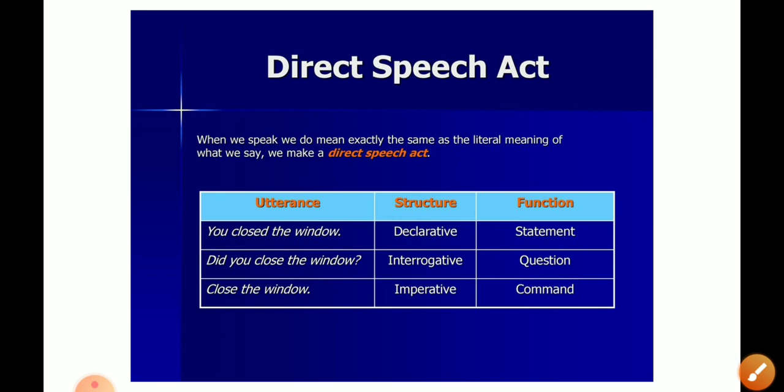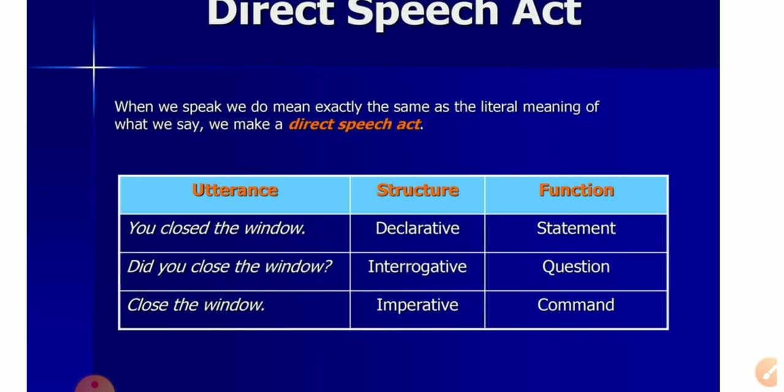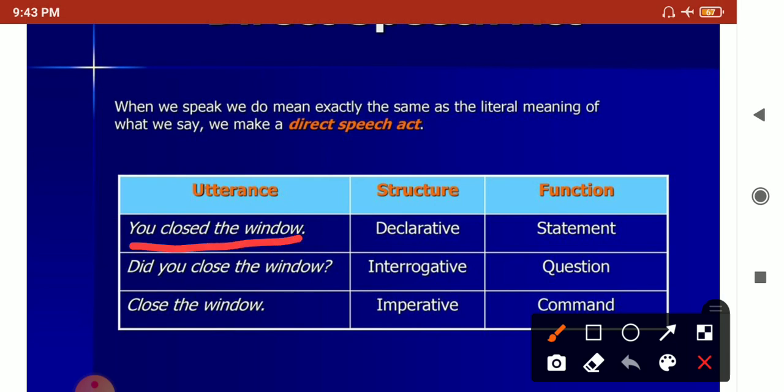Now, direct speech act. When we speak, we mean exactly the same as the literal meaning of what we say. We make a direct speech act. For example, you close the window. Structure is declarative, function is statement. Did you close the window?